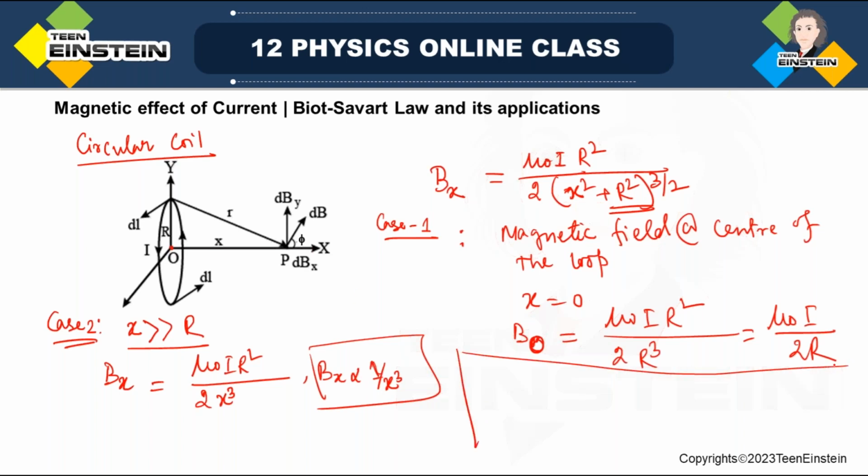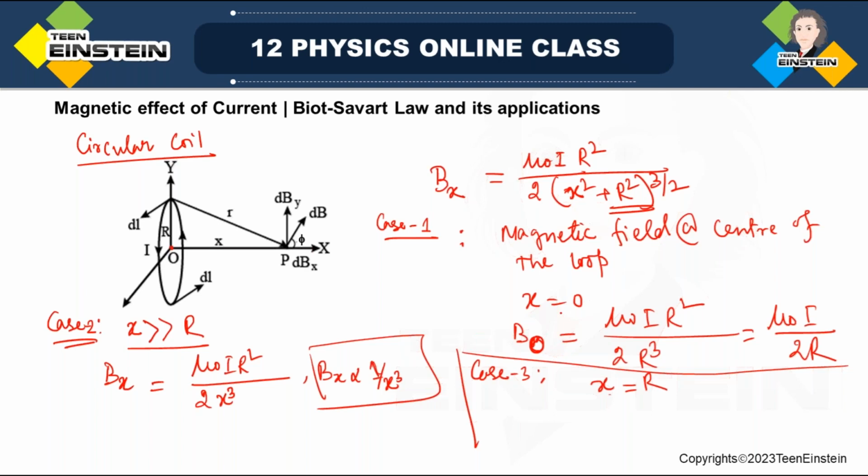Then let us see the third case, case 3. Suppose we need to find the magnetic field at the axial point which is exactly equal to R. x is equal to R. That means the radius and the distance of the axial point from the center of the loop are the same.